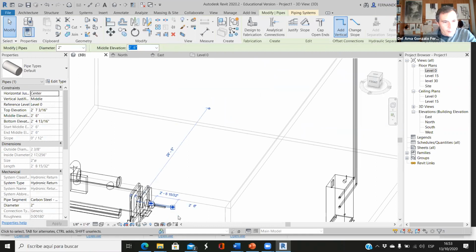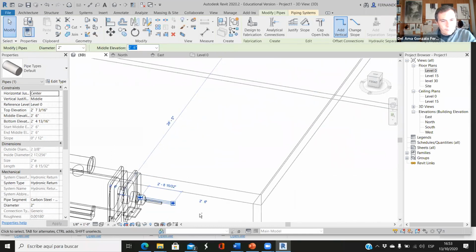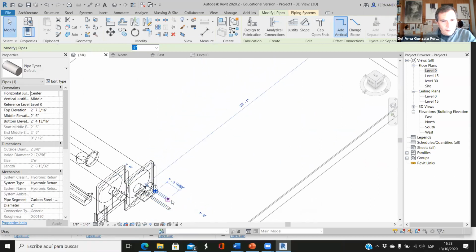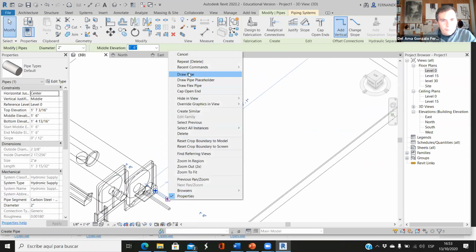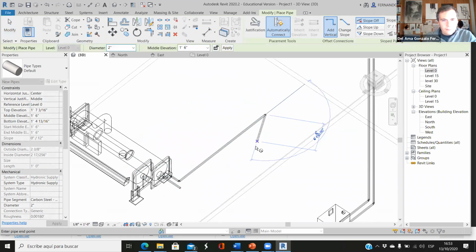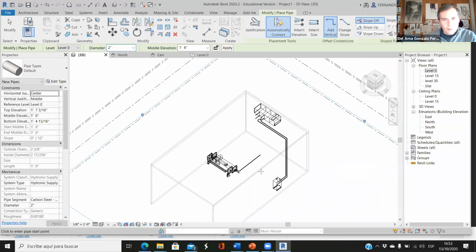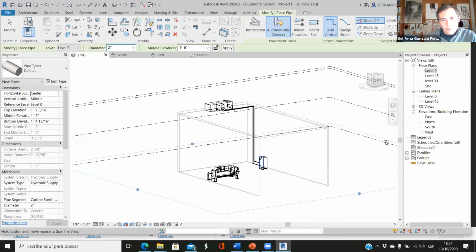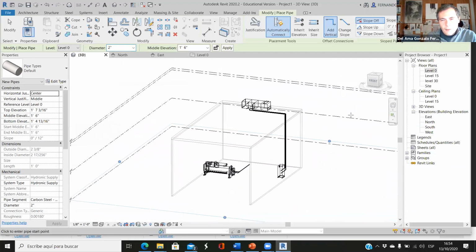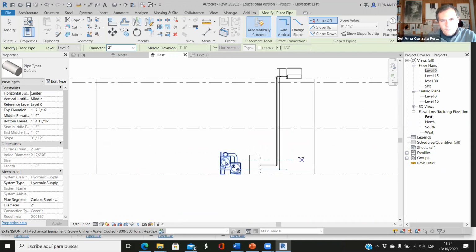So here, what is the supply? This is the return. So now we are working with the supply one. So let's go in this direction. There you go. Then we have to go up. So from the east elevation, I can go up.